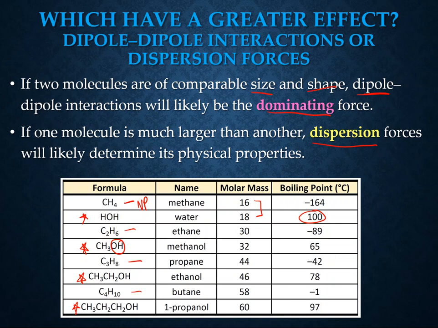It's going to be the one with the dipole-dipole interactions. Whereas super large molecules with massive amounts of electrons and a more polarizable cloud may actually have stronger forces than something that's really small with hydrogen bonds.